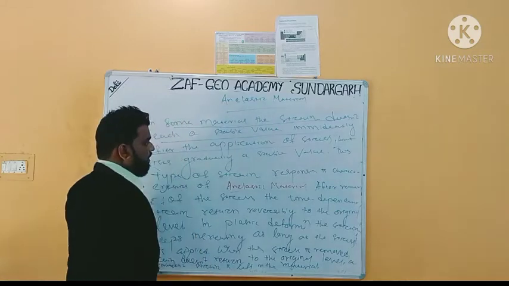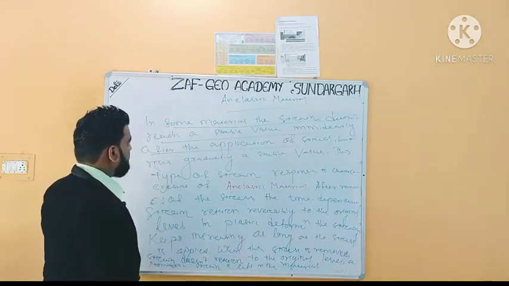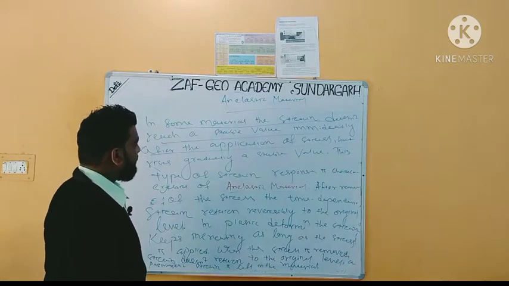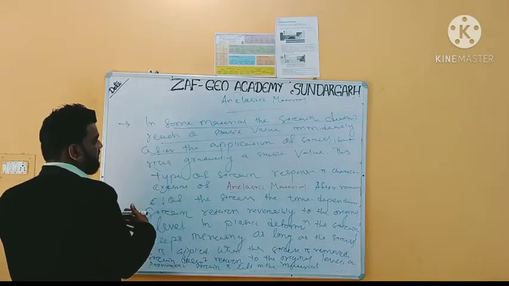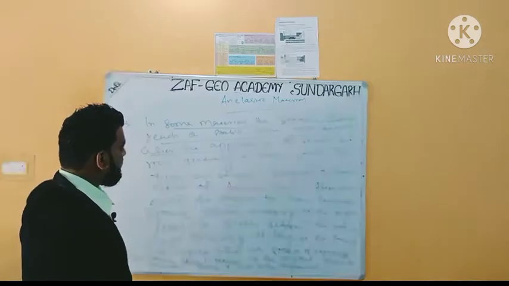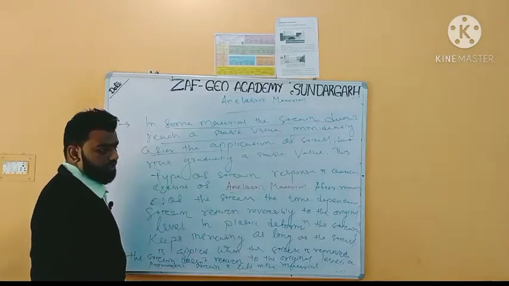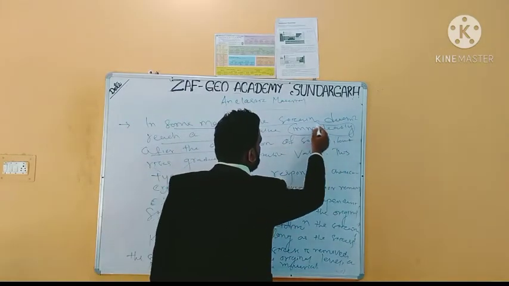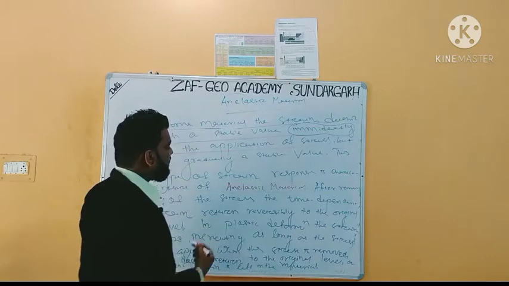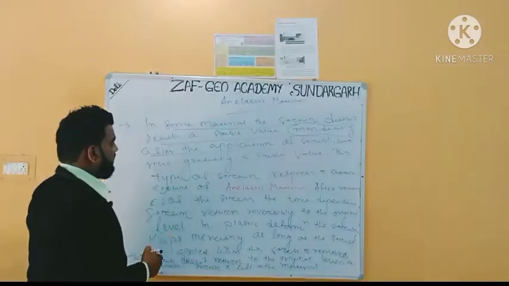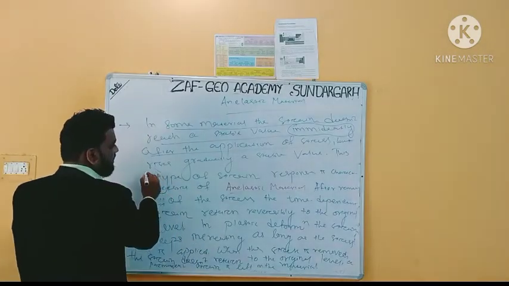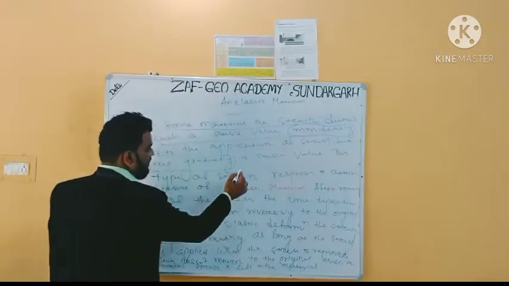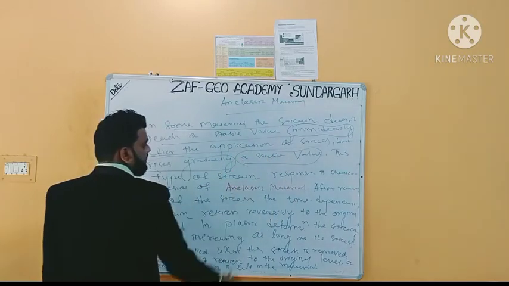That means after the application of stress, the material does not reach a stable value. Immediately after the application of stress, the strain will not reach a stable value, but rises gradually. Slowly it rises to a stable value.